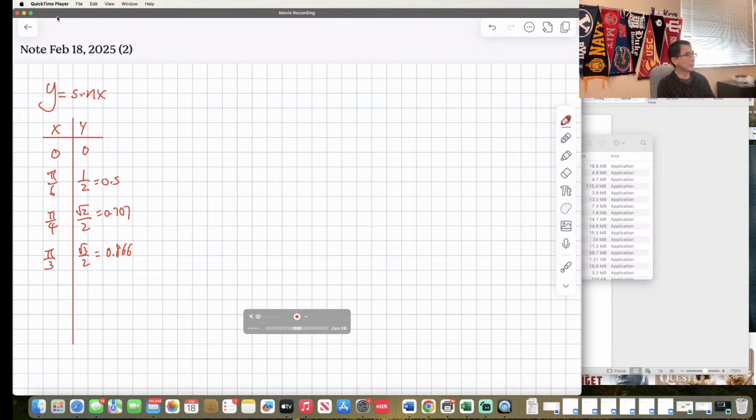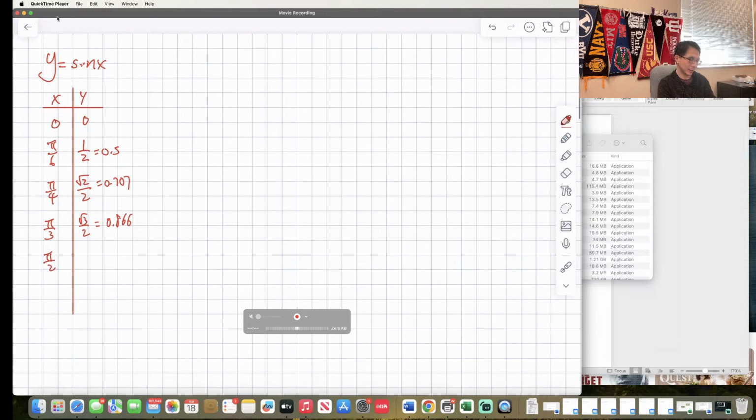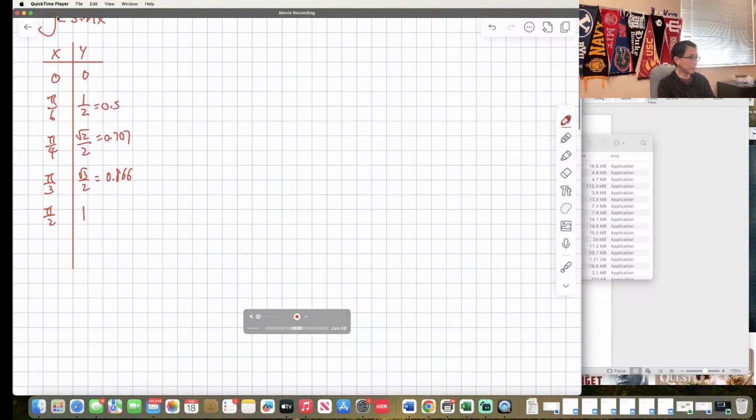Pi over 2. Pi over 2 on the unit circle gives you 1. Good. I'll continue plugging in different values. What's the next value? 2 pi over 3. What's sine of 2 pi over 3?